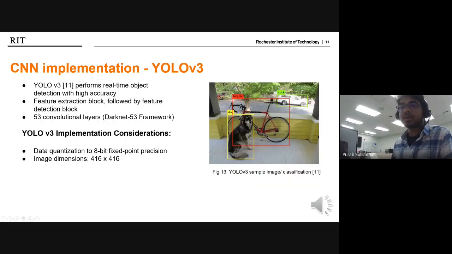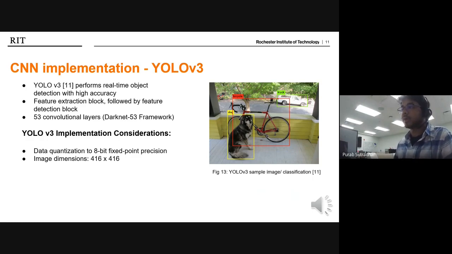The next network that we implemented was YOLO v3. The reason for choosing YOLO v3 is that it's a very famous network that is able to perform real-time object detection with high accuracy. The eBNN, the previous one, was just a digit recognizer, or an image recognizer network, whereas YOLO v3 can perform object recognition.